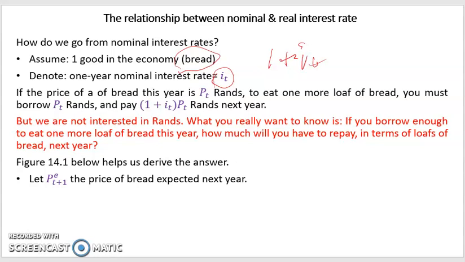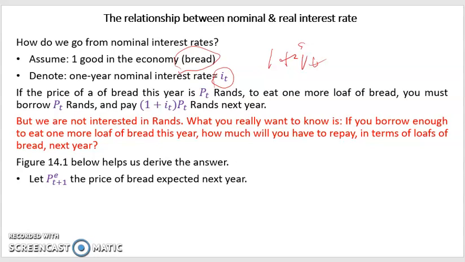But as I said, we're not interested in rand or the nominal interest rate. What we really want to know is, if you borrow enough to eat 1 loaf of bread this year, how much will you have to repay in terms of loaves of bread next year?